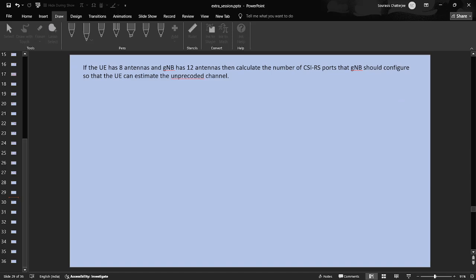When it comes to estimating the unprecoded channel and CSI-RS, is that something depending on the transmit antenna or receive antenna? Transmit antenna, NT. 12. So we need 12 CSI-RS ports.